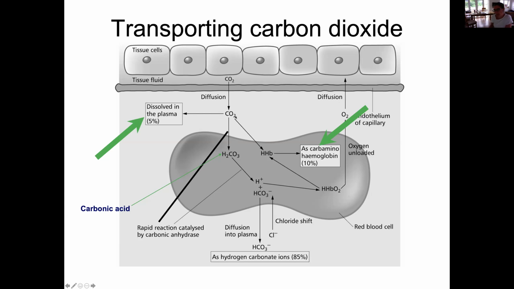The more CO2 there is, the lower the affinity of hemoglobin for oxygen, because you're going to follow this route more, so you're going to produce more of these hydrogen ions or protons, which means you're going to produce more of the hemoglobinic acid, and that oxygen is going to be released and can diffuse into the tissues.